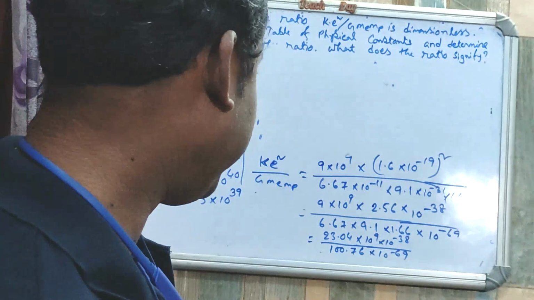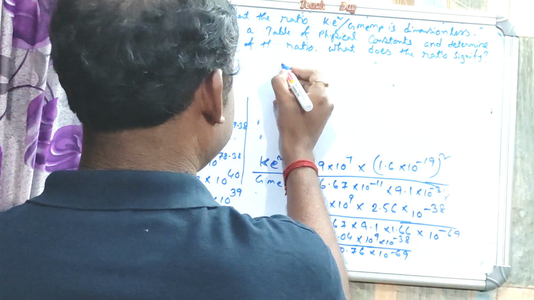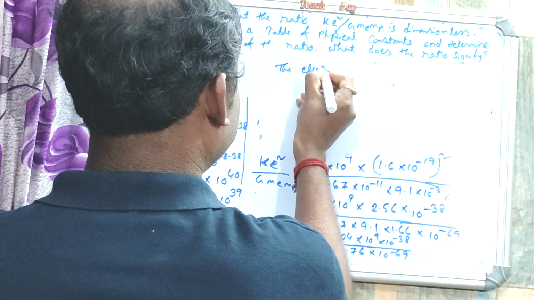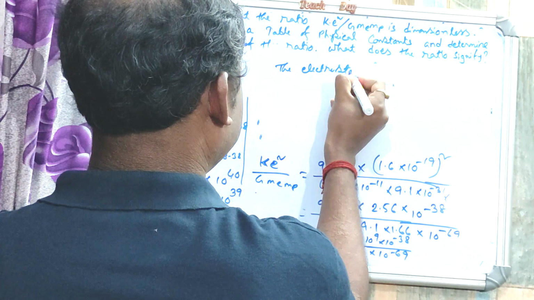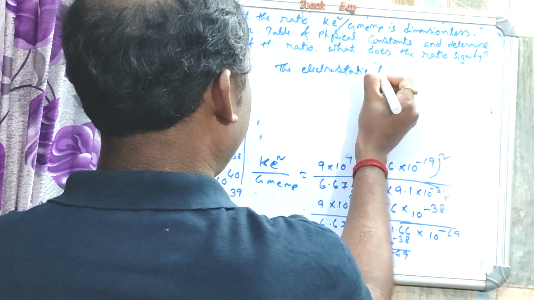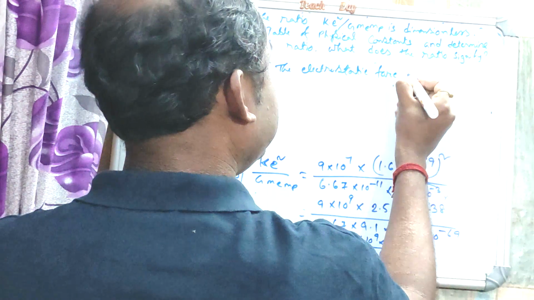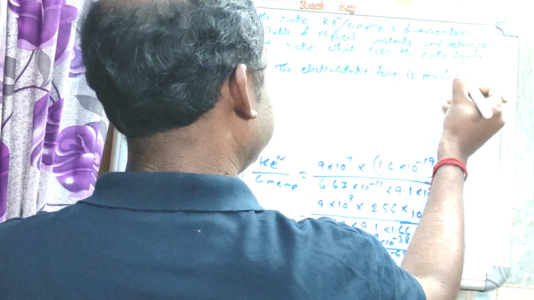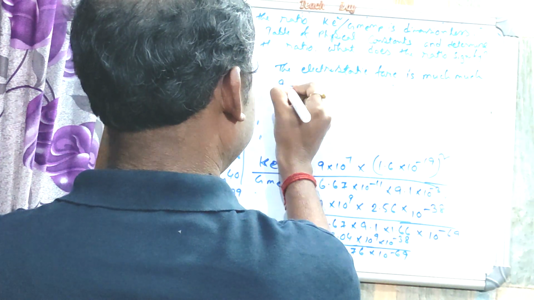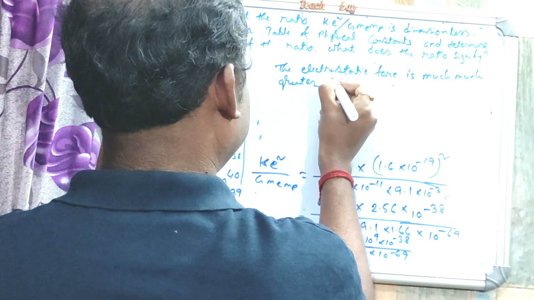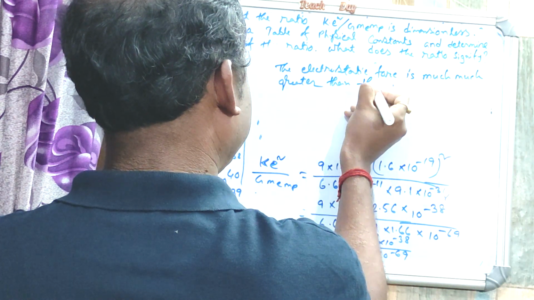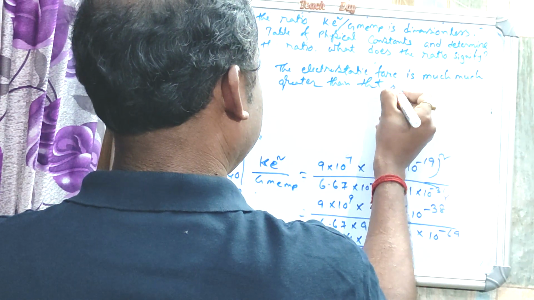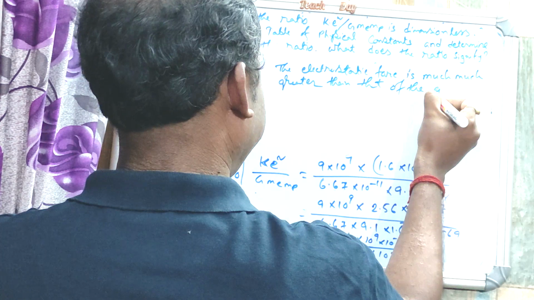Okay, so what do we write at first? The electrostatic force is much greater than that of the gravitational force.